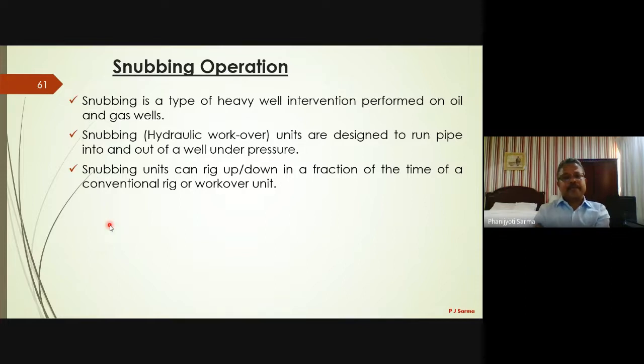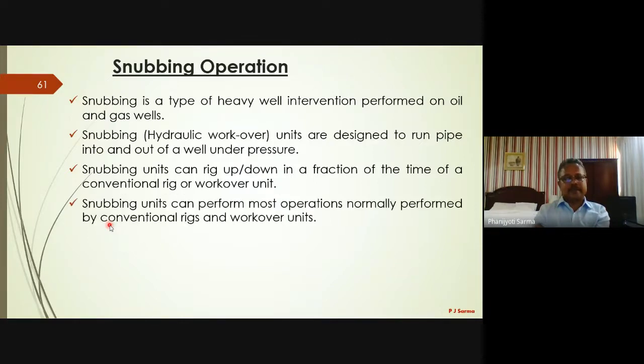And the unit can be rigged up very quickly because it is not a conventional unit. The rig up is very fast, and a snubbing unit can perform most of the operations being carried out by the conventional rig or workover unit.